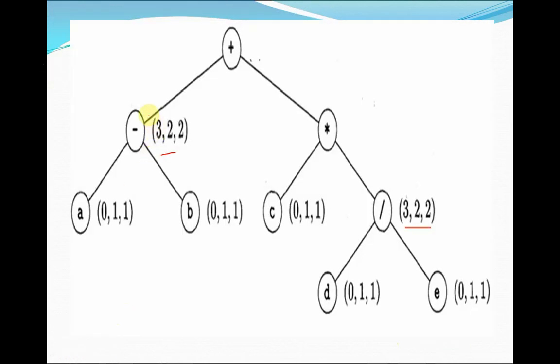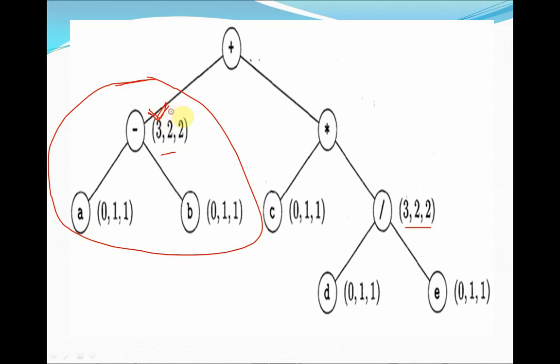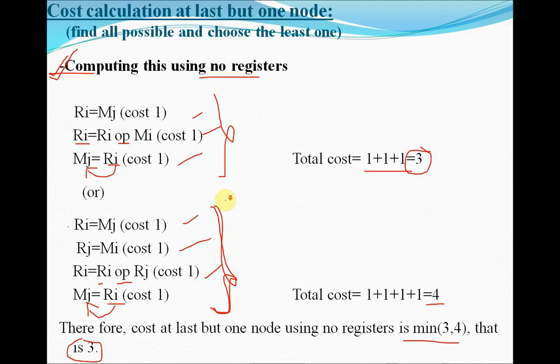Up to now I have computed the category 1 value of the cost vector of this interior node or subtree. To compute this subtree, if I follow category 1 with no registers, the cost will be 2. In this way I have to compute with 1 register and with 2 registers also.